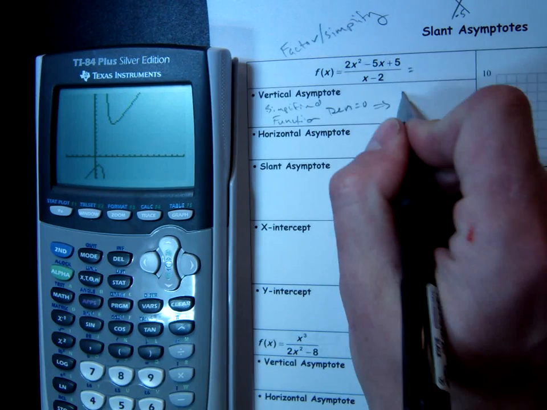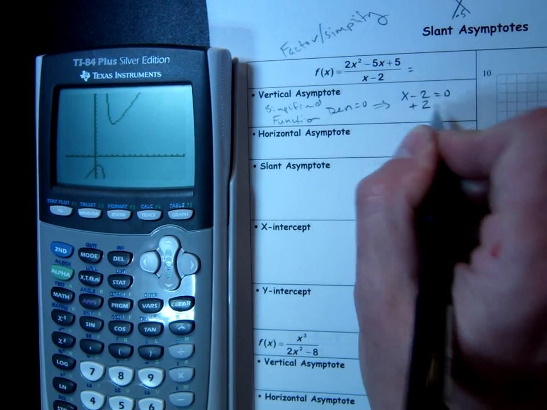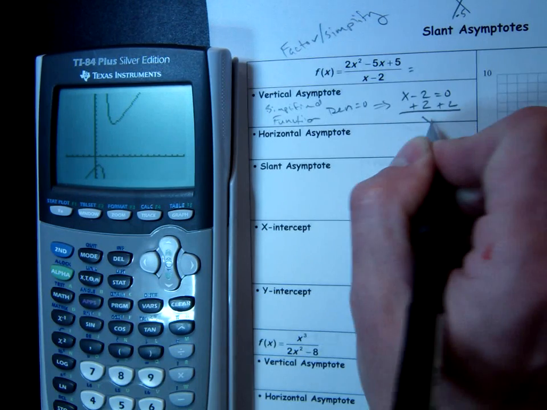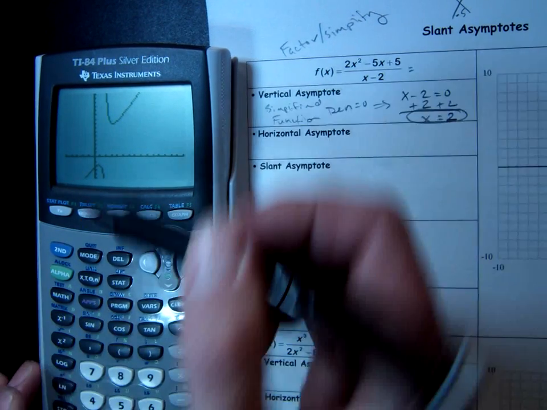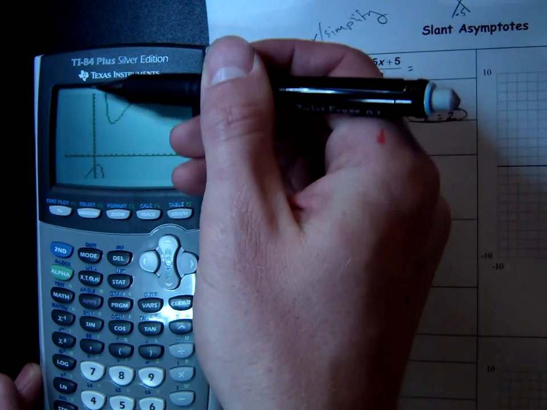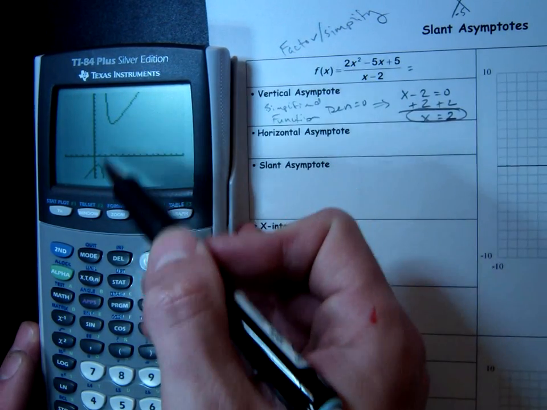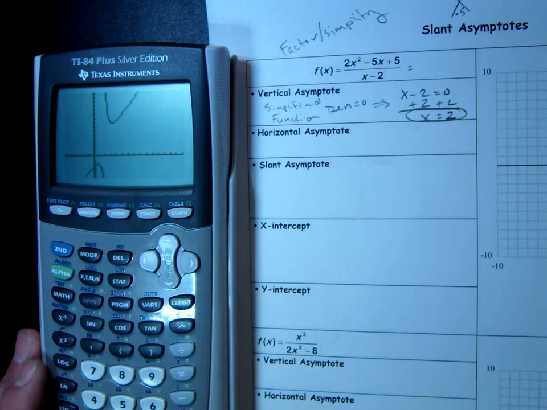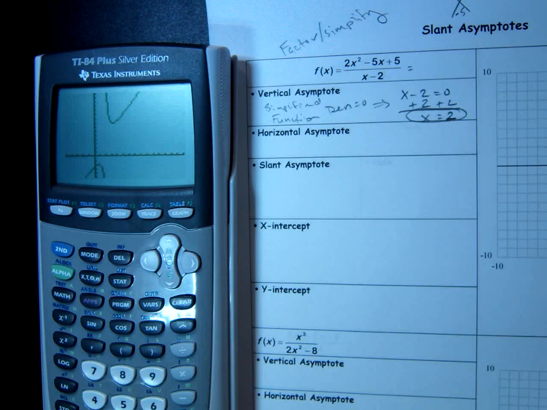Let's go ahead and set x minus 2 equal to 0. If we add 2 to both sides, then we're going to get x equals 2. Looking at our graph, that pretty much makes sense. We'd predicted before that there was going to be a vertical asymptote right there at x equals 2. So it is affirming our beliefs there.